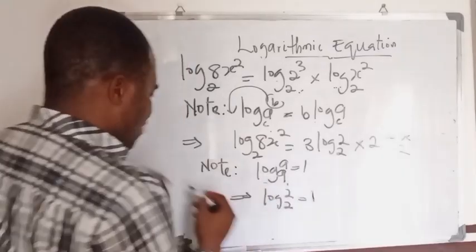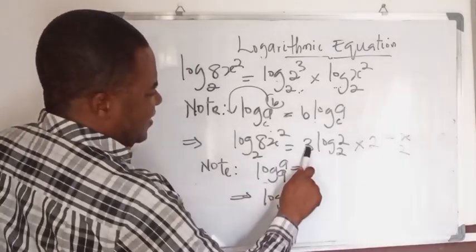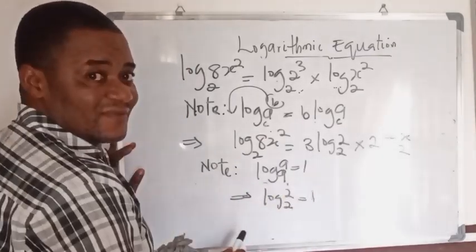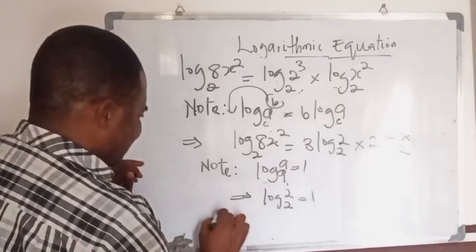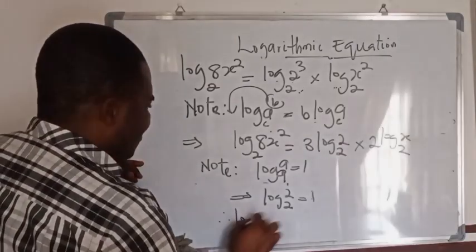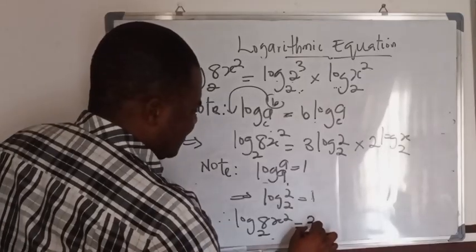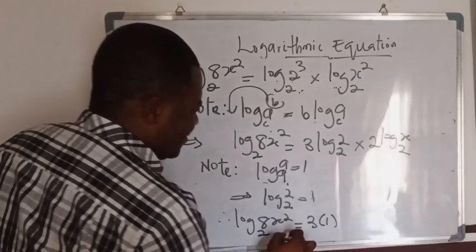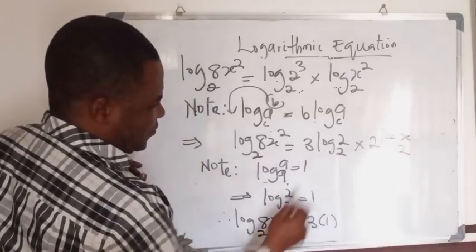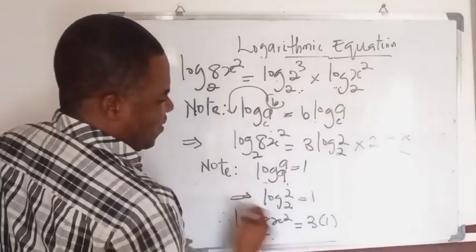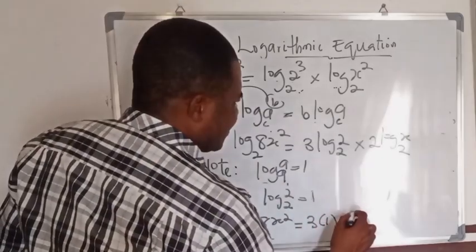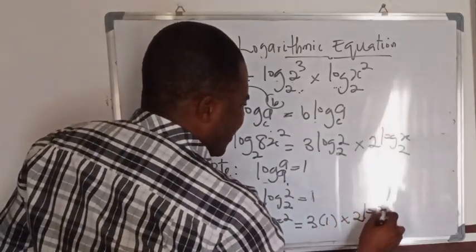So since this is 1, what we have now is 3 times 1. So it means that the log of 8x squared base 2 is equal to 3 times 1, which is log 2 base 2 from here, which is 1, times 2 log x base 2.